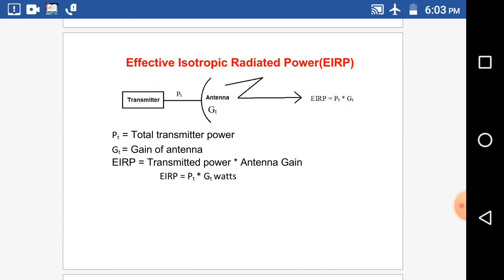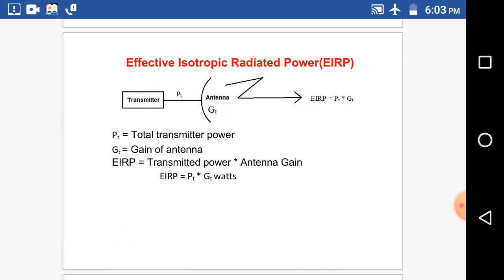So total power transmitted by an antenna in a given direction is nothing but effective isotropic radiated power, and that parameter EIRP is equal to PT into the antenna gain, means GT.